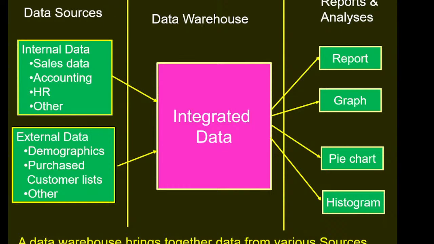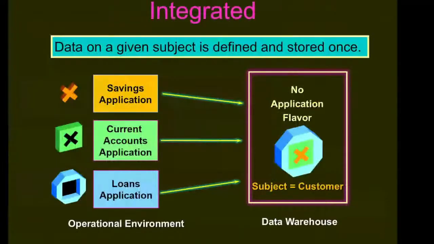And then that integrated data is readily available to create your own reports, your own graphs, your own charts, your own histograms. So for analysis, that is called integrated. So what is integrated here? Application flavor is not taken into consideration while integrating. Subject flavor is taken into consideration while integrating.